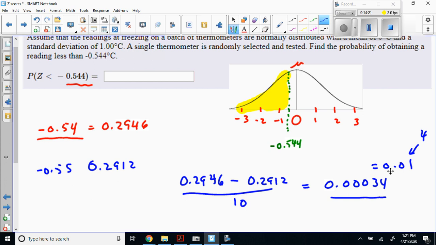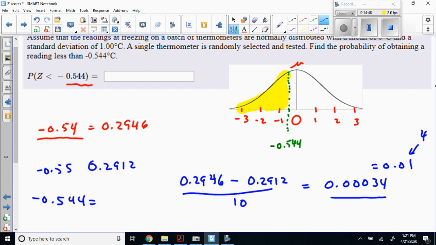So 0.01, no, sorry, not 0.01, 0.0034 times 4, right? So I would say that negative 0.544 was at this.